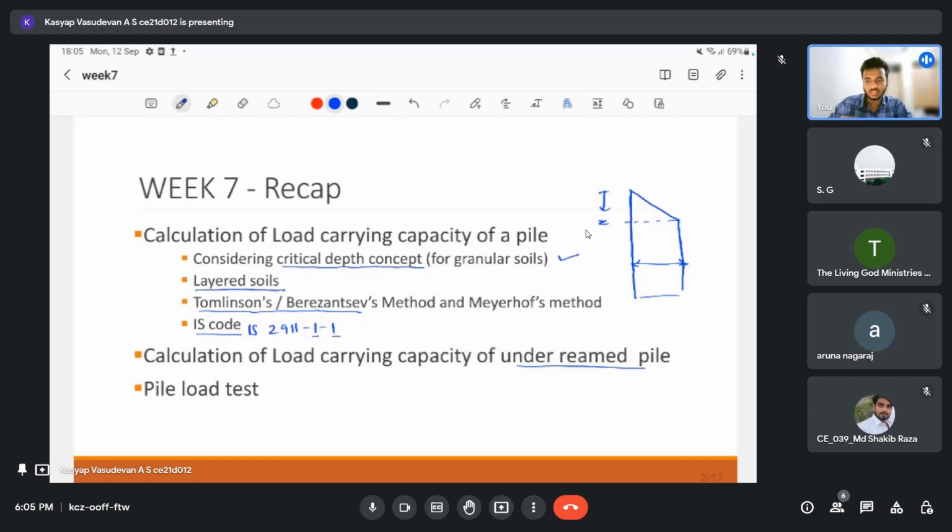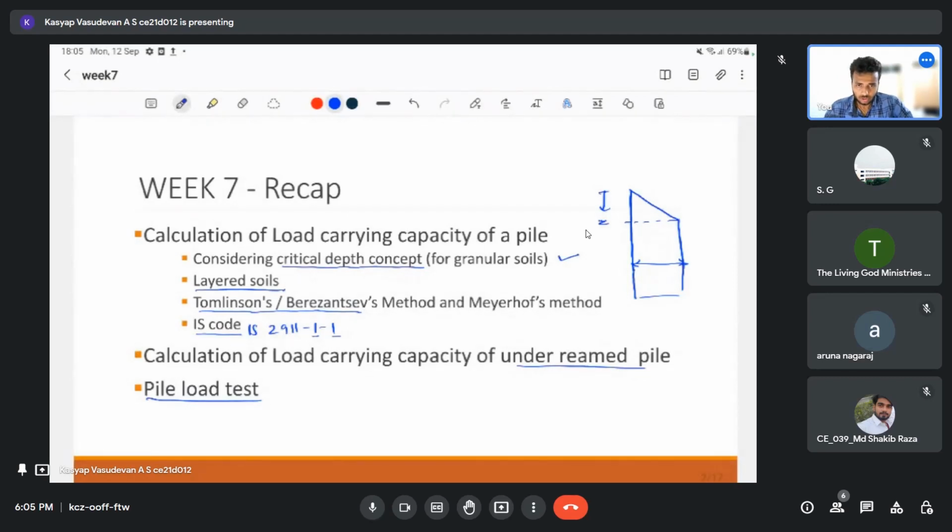And towards the end of the week, sir discussed in detail the pile load test, which is a very important test done in the field, because whatever calculations we do and whatever we find out using these methods, at the end of the day we cannot take it for granted, since it is a matter of foundation, and we cannot take any chance with it.